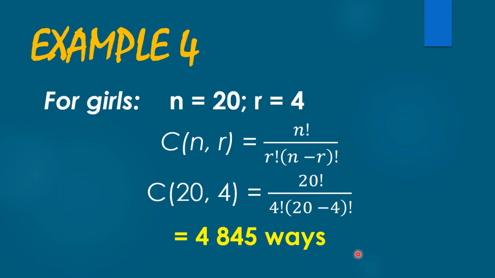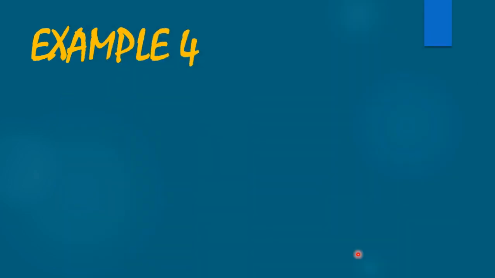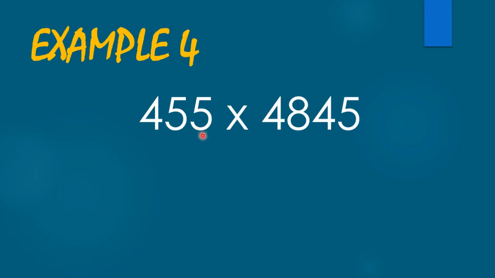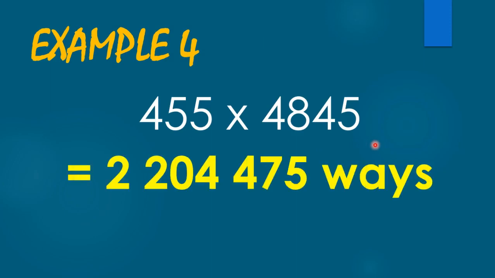But since we have different groups, boys and girls, we need to multiply the results. Thus, we have 455 times 4,845 is now equal to 2,204,475 ways.